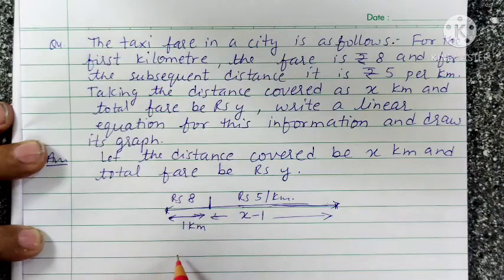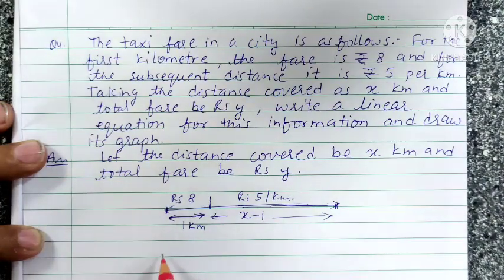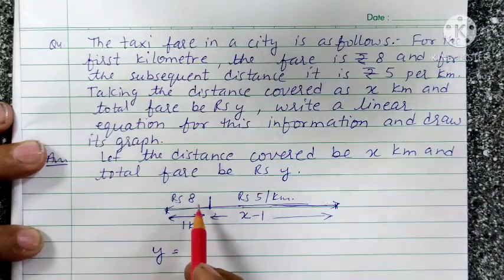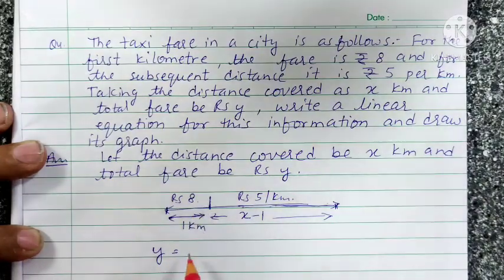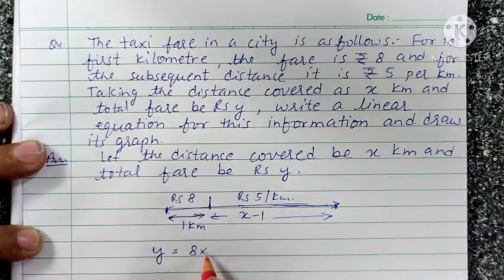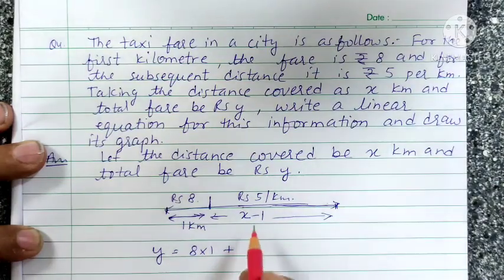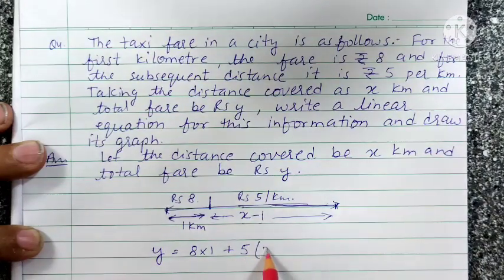So now when we make the equation, the total fare is given as y, and for the first kilometer it is rupees 8, so it is 8 into 1, and for the subsequent distance, the remaining distance is x minus 1, multiplied by 5, so it is 5 into x minus 1.